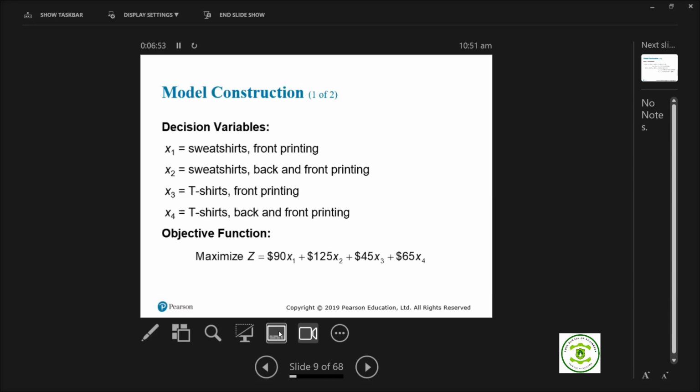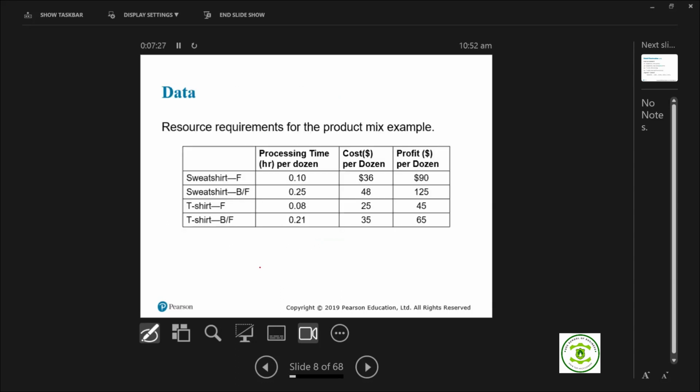So given this, you can then label them X1, X2, X3, X4, based on the different t-shirt categories, which can then help you to come out with your objective function. The objective function is taken from the last column of the table. You see that, profit per dozen.